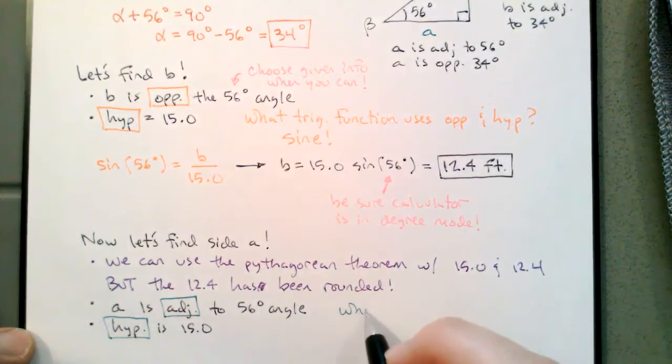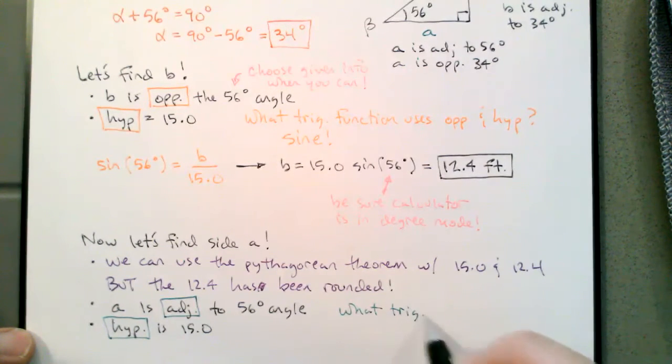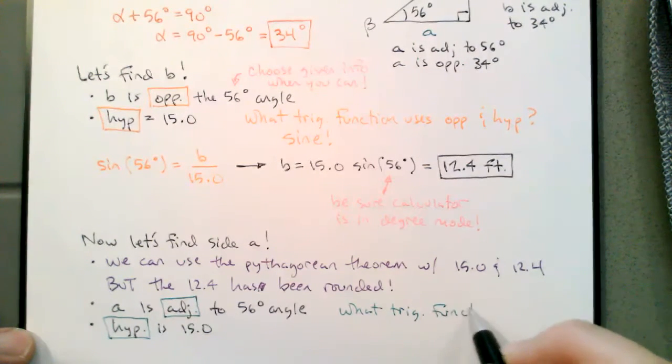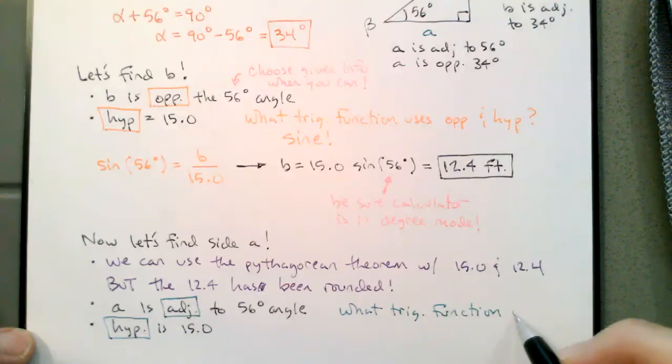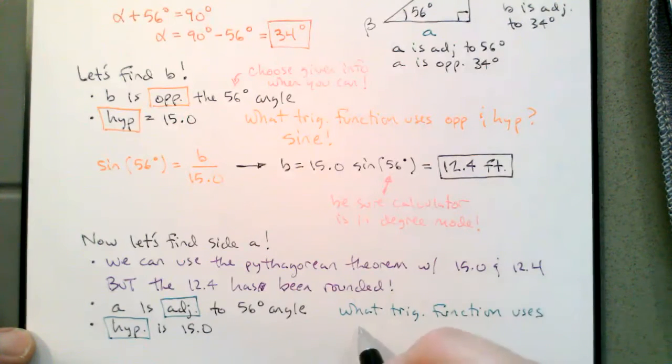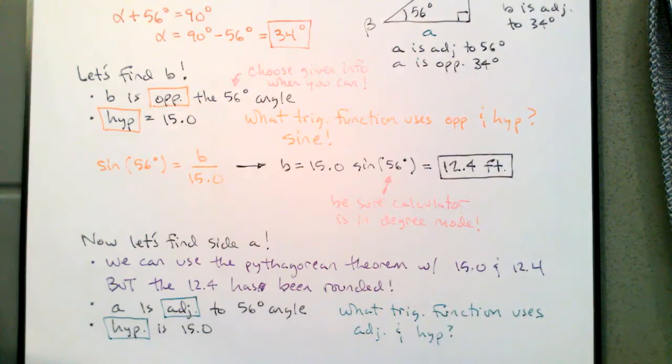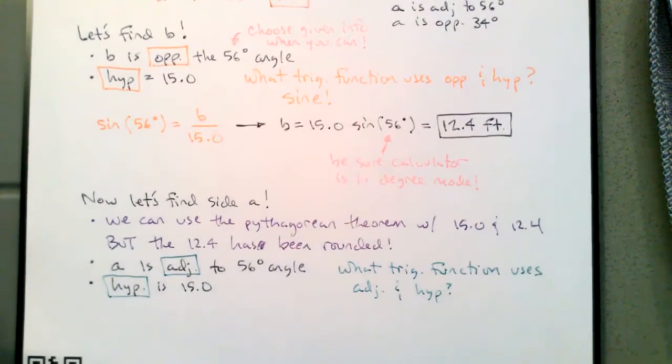What trig function uses adjacent and hypotenuse? So what trig function should we use that has adjacent and hypotenuse?